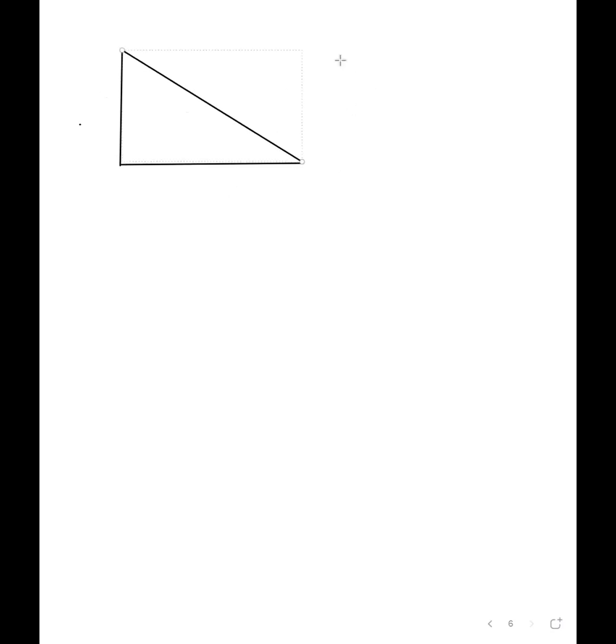This is a triangle, a right angle triangle. I have drawn it as a right angle triangle, but it could be anything. So there's this one triangle, and there's another triangle. This is triangle ABC.